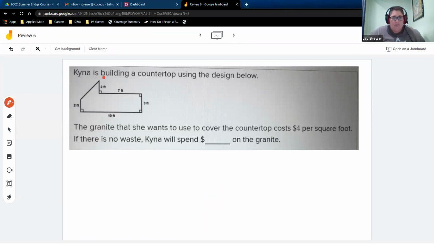Okay, this one says Kenya is building a countertop using the design below. The granite that she wants to cover the countertop costs $4 per square foot. If there is no waste, how much will she spend? So the first thing I want to do is figure out my shapes. So I'm going to cut down, and I'm going to cut across.